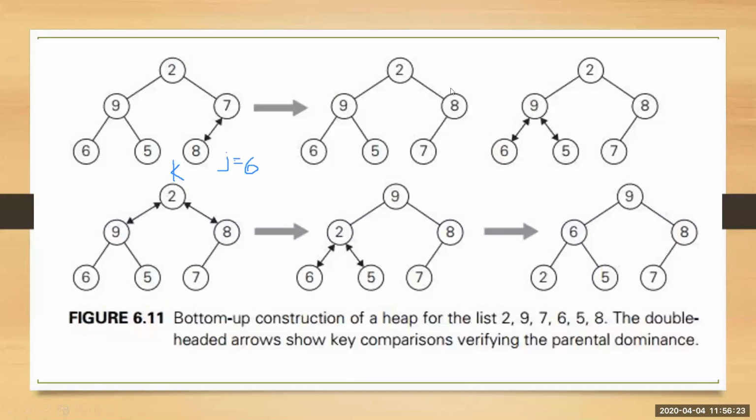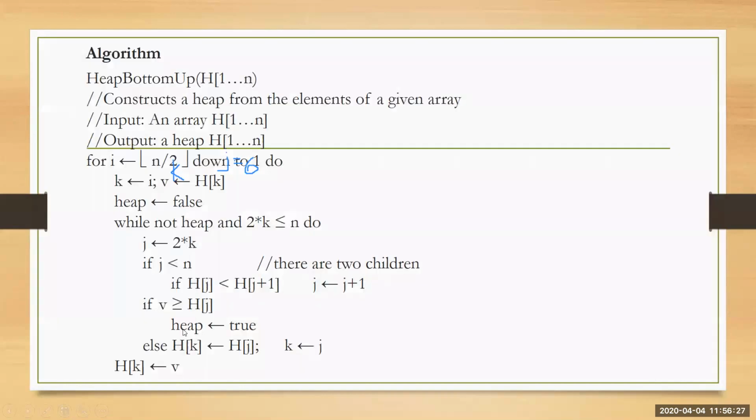Now let us see what happens next. K is equal to j. Heap is still false, since heap equal to true was not executed. Once again it comes to the while loop. While not a heap, it is not a heap yet. Therefore it will check whether 2 into k is lesser than n, whether it has a valid child. If it has a valid child, then j continues.